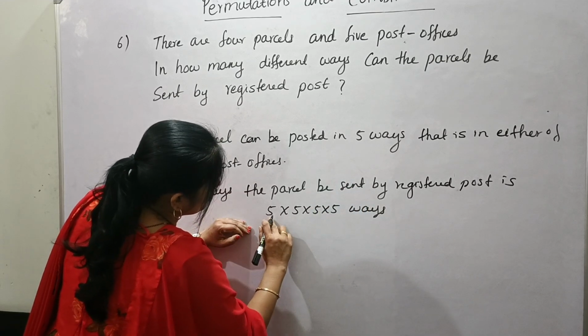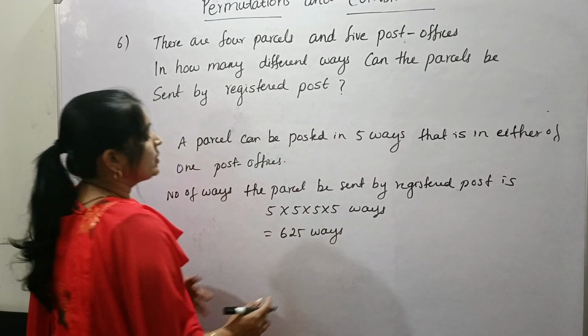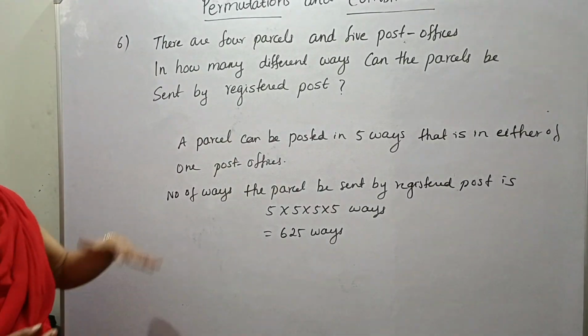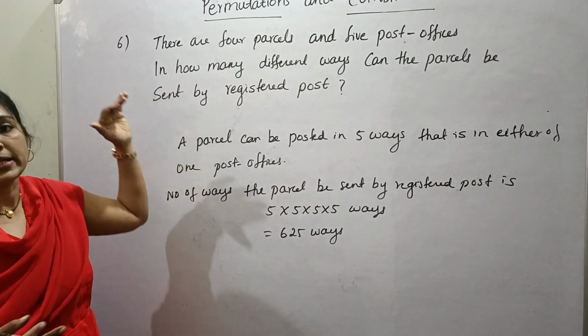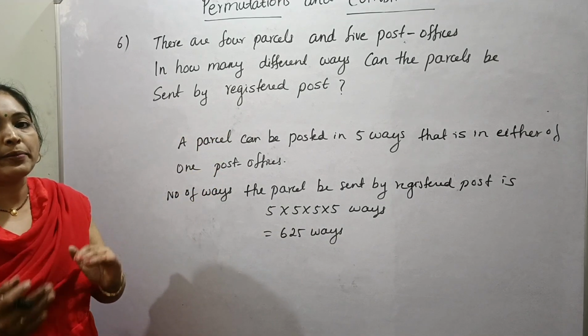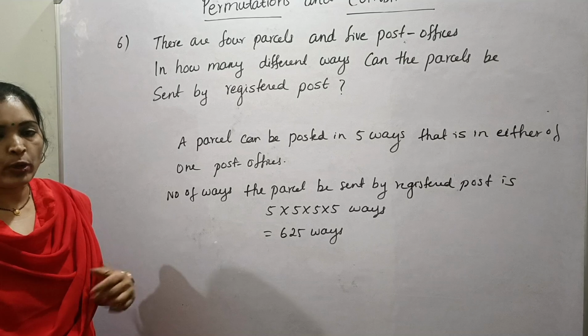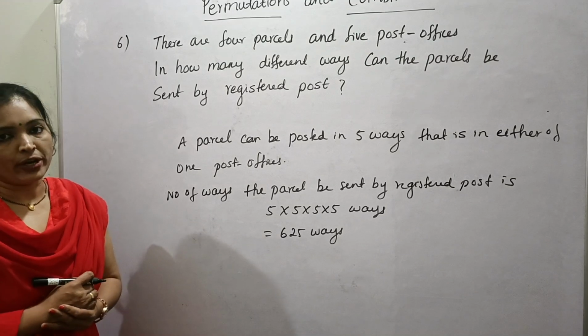Okay, that is equal to 25 into 25, 625 ways. So there are 625 ways we can send the parcels by registered post, because there are 4 parcels and one parcel can be posted in 5 ways. Okay, therefore 5 into 5 into 5 into 5, that is 625 ways.